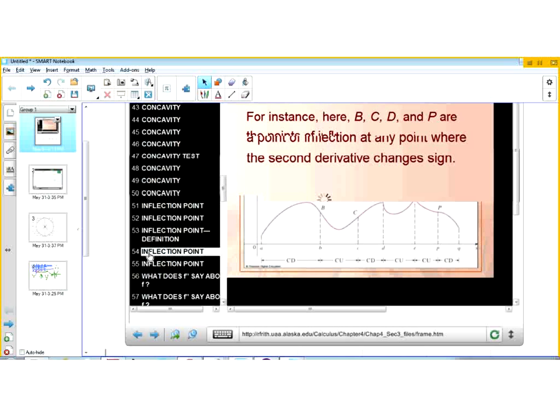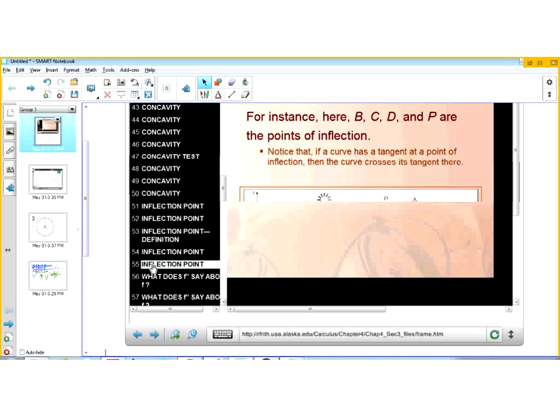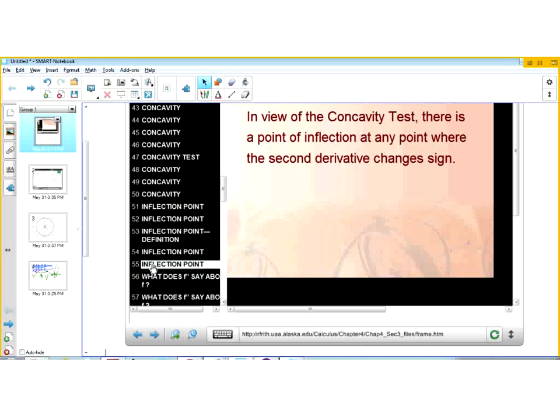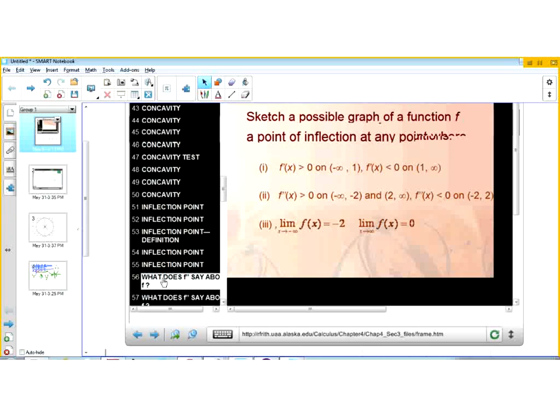And in view of the concavity test, there's a point of inflection at any point where the second derivative changes sign. So that's called the concavity test.